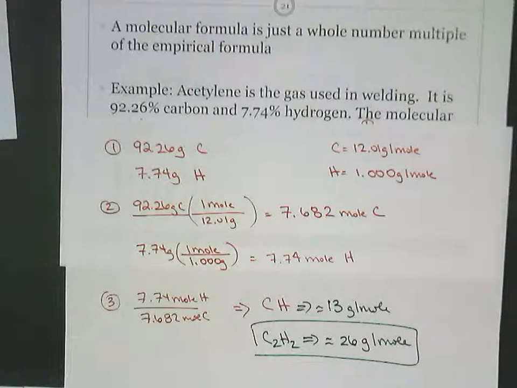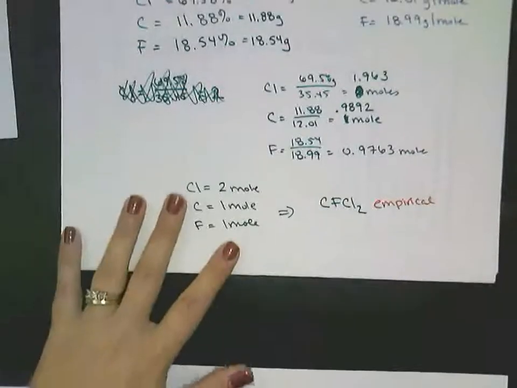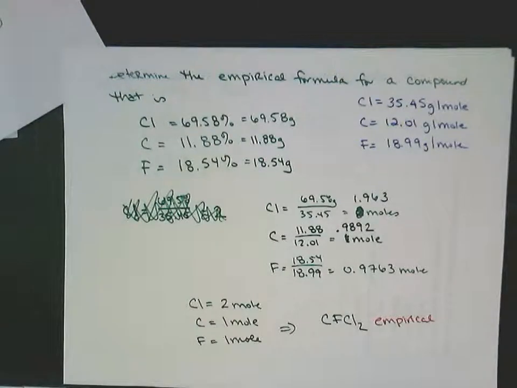What if we flip back to that one we just had with the chlorine and the fluorine? Here it is. Okay, for this CFCl2, that's the empirical formula.